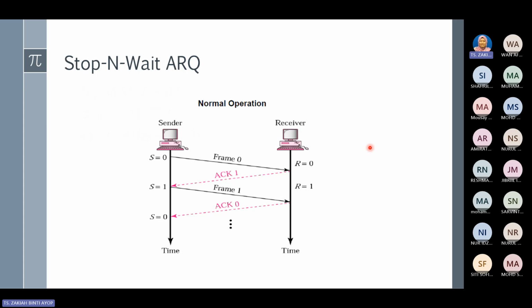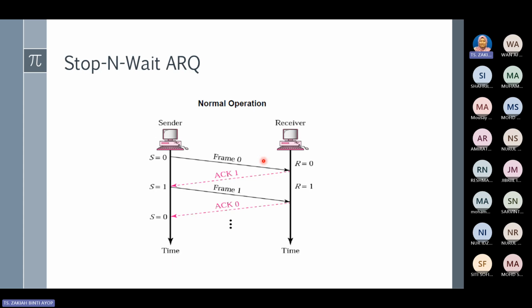The stop-and-wait ARQ is the most basic mechanism, where each frame needs to be sent out one at a time. Frame 0 refers to the first frame.